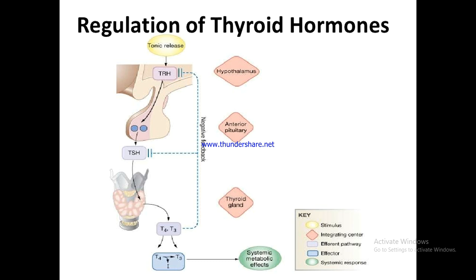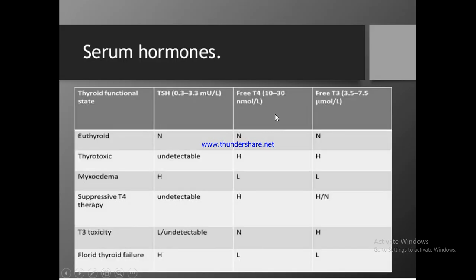And when this T3 and T4 production is enough in amount, this gives negative feedback effect upon the hypothalamus and the anterior pituitary, and this hypothalamus, anterior pituitary and thyroid gland axis controls the whole regulation of thyroid hormone.